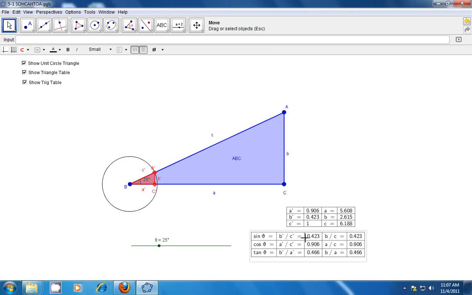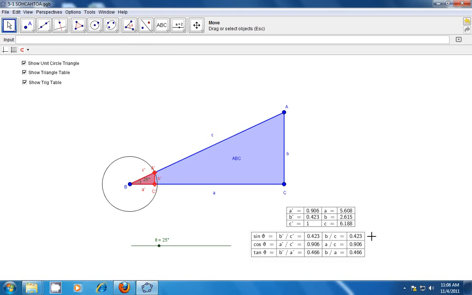If you divide 0.423 by 1, you get 0.423. But if you had chosen 2.615 and divided it by 6.188, you also get 0.423.